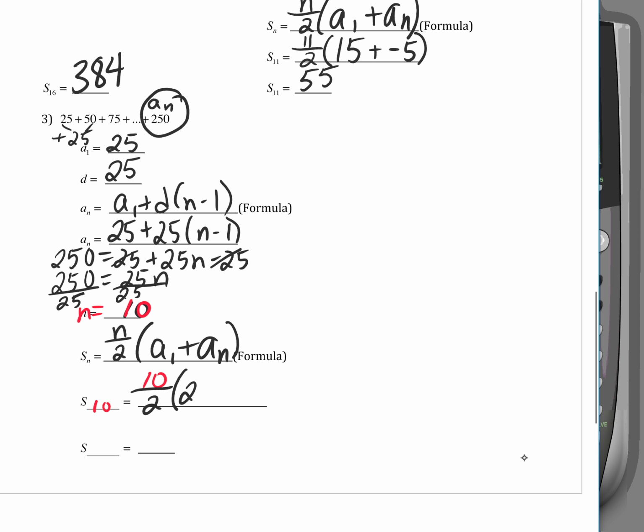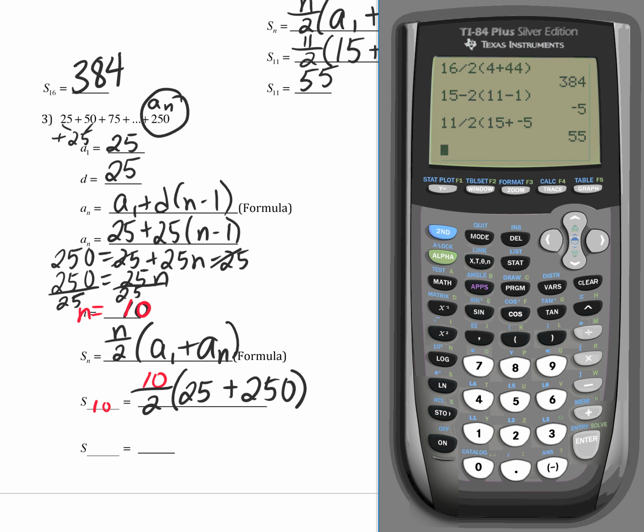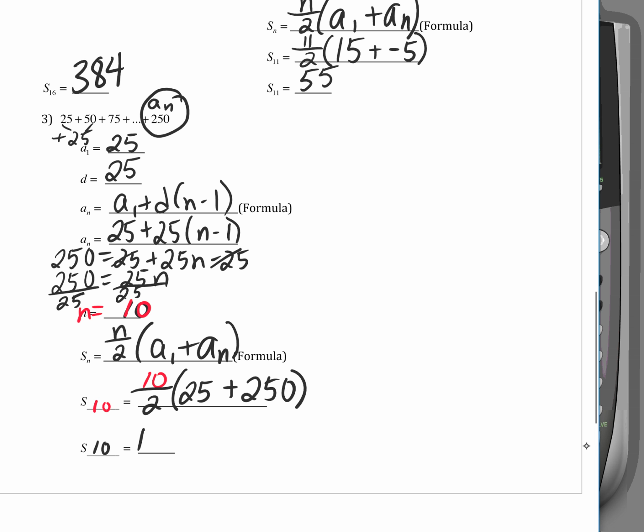We have that A1 is 25, that's our first term, and our last term is 250. And then same thing, let's go right to the calculator and plug that in. And we get a sum for S10 of 1375.